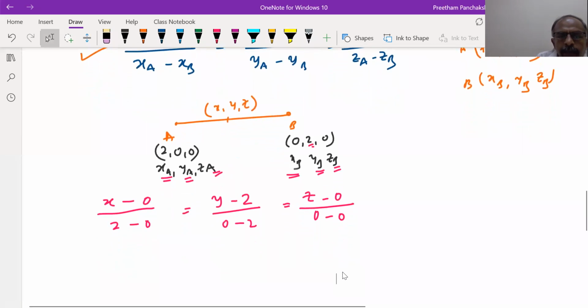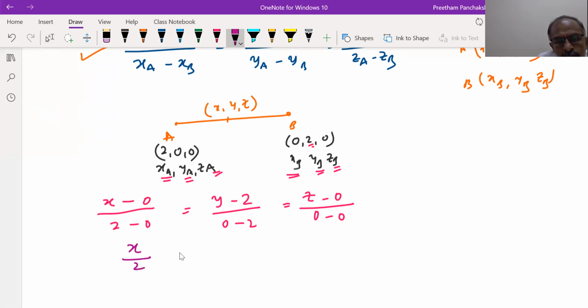So we got an equation here. And if we solve this, the first term will be x by 2, this is going to be y minus 2 by minus 2, this is z by 0.